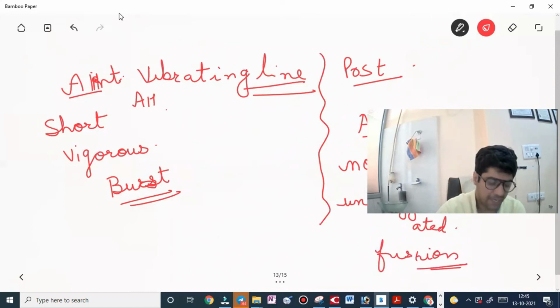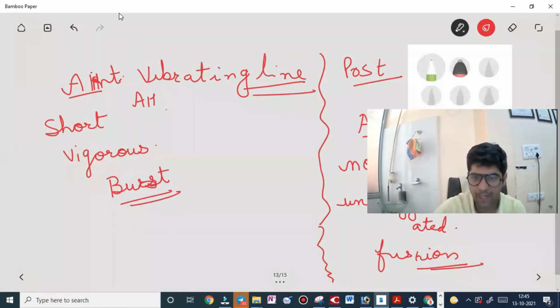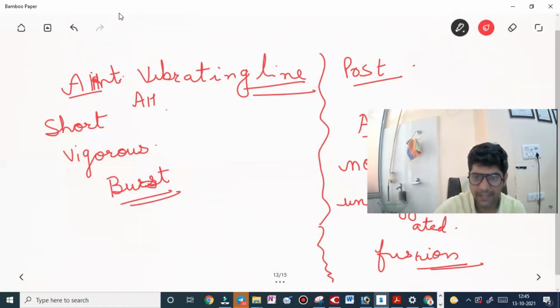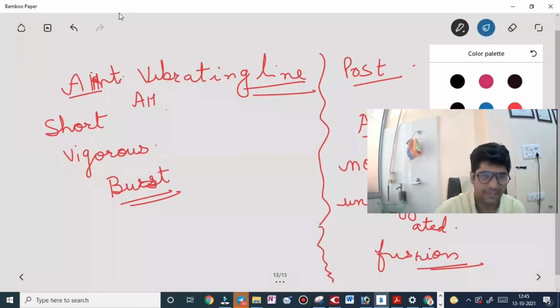The posterior vibrating line marks the most distal extension of the denture base. This point is very important and is asked repeatedly in exams.